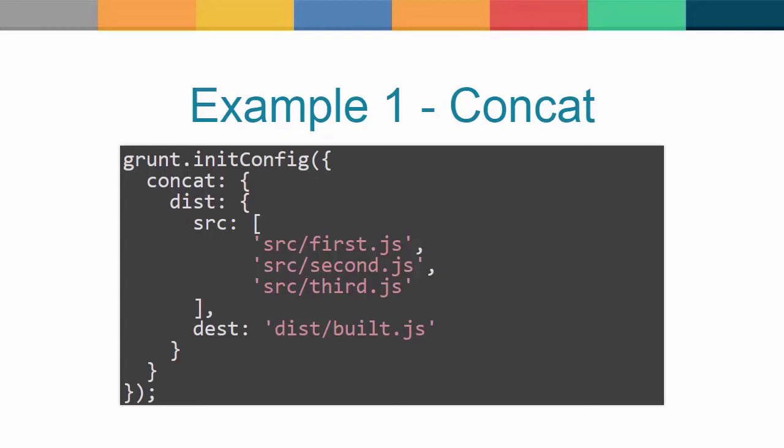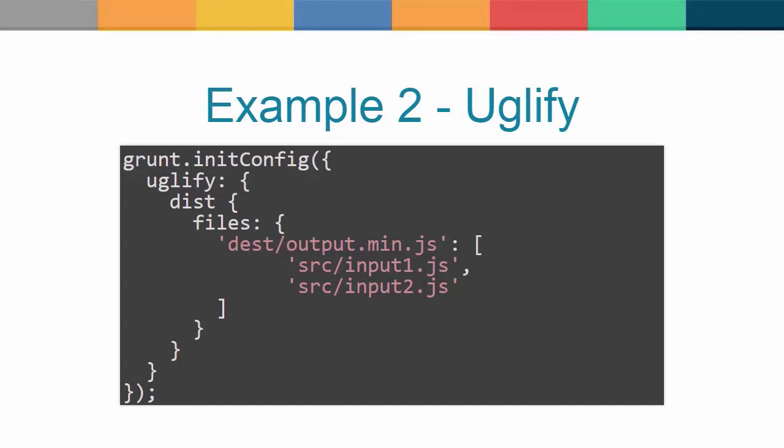Here you can see that we have defined three source JavaScript files, source/first.js, source/second.js, and source/third.js, and we want to concatenate these files into one file called build.js and place it in the dest folder. Another example is the uglify configuration. Here we are required to concatenate and minify two JavaScript files, input1.js and input2.js, into a file called output.min.js, which should be stored in the dest folder.